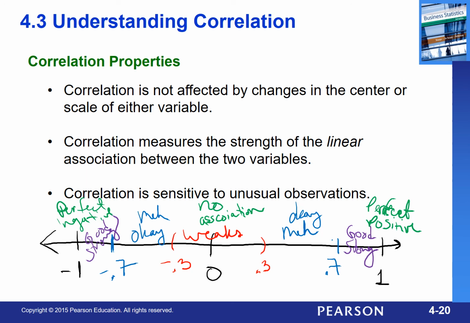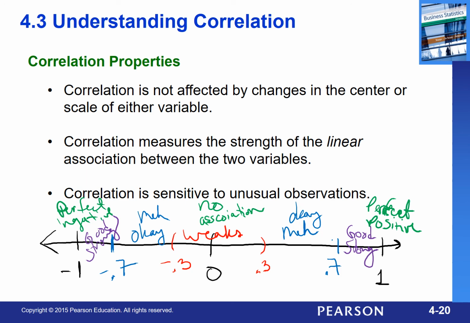If you get a -1, that's what's called a perfect negative. If you get a +1, that's also called a perfect positive. And that means you have a perfect straight line. All of your data lies on your line.